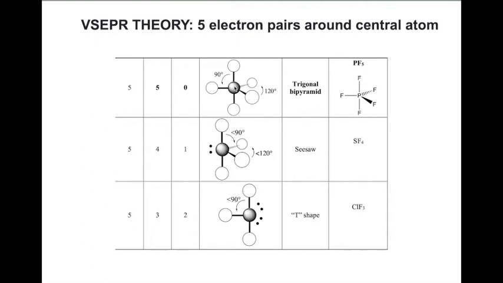We call these the axial atoms. We call these that are around on the middle part the equatorial atoms. And it turns out that the bonds between all the equatorial atoms is 120 degrees, as opposed to the axial and the equatorial are 90 degrees from each other. So it turns out this is called a trigonal bipyramid.